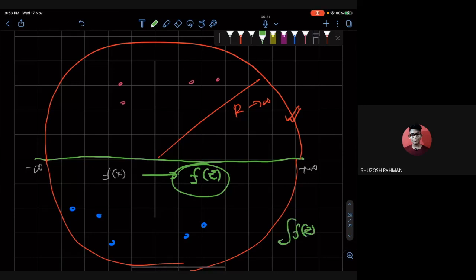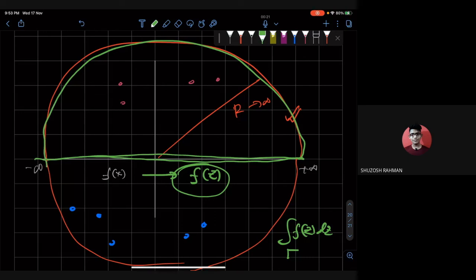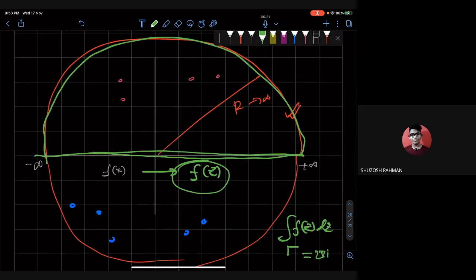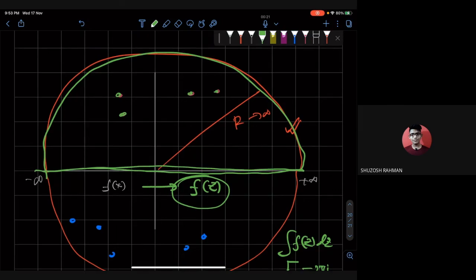In that case, you want to do the integral of f of z, dz, on some contour where the contour goes from minus infinity to plus infinity and then closes up here. Then this is going to be equal to 2 pi i times the residues of the singularities here. But the contribution from this curved part is going to be 0, because it'll have some exponentially decaying part, or a part which is 1 over x squared, and it's going to go to 0 very rapidly. Therefore, you're left with contribution only from the real part of the integral.